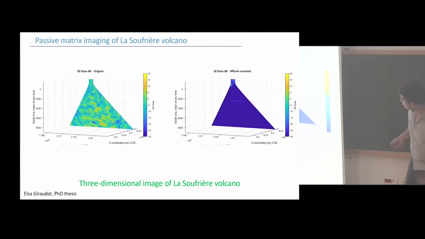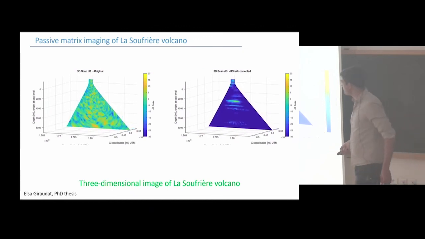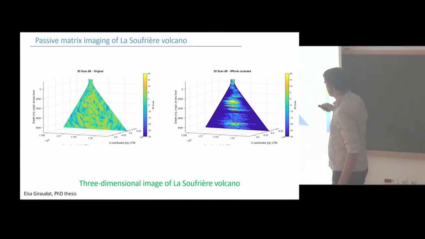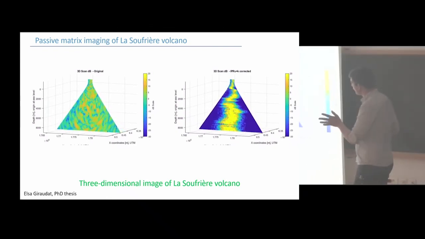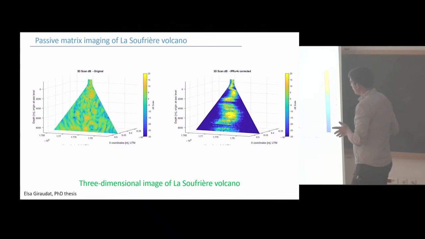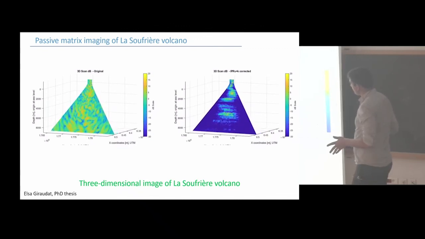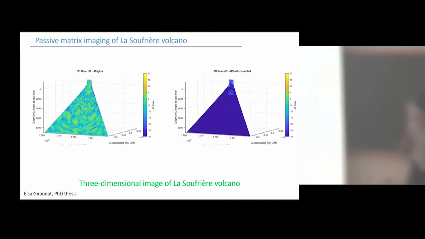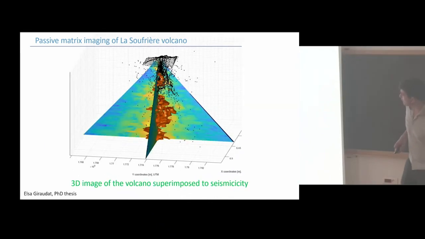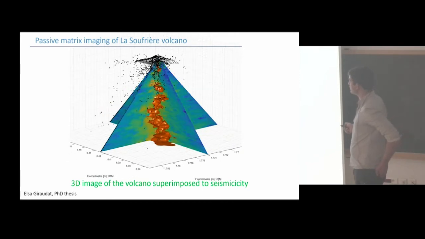So the movie, I don't know if it works approximately. So this is the kind of image that you obtain. You seem to detect, when you're far from the bottom of the volcano, some geological layers as before, but just beneath the volcano you have a very complex structure that you can see here with seismicity.